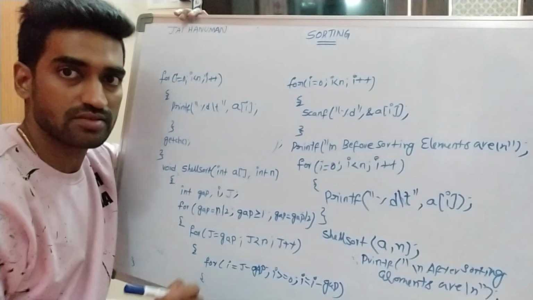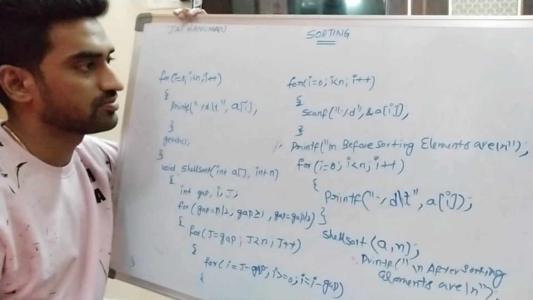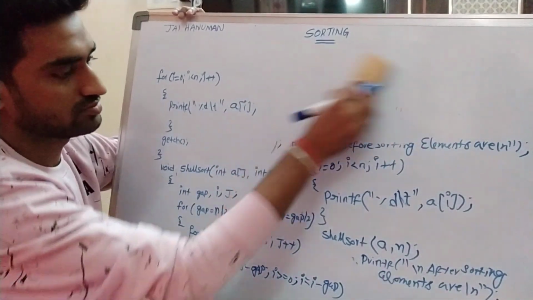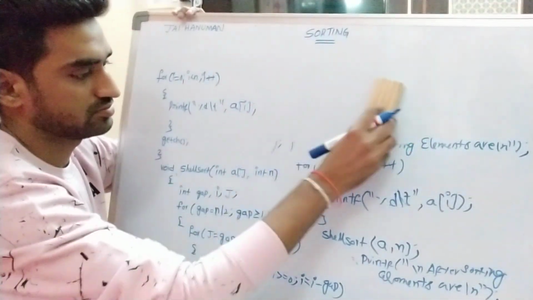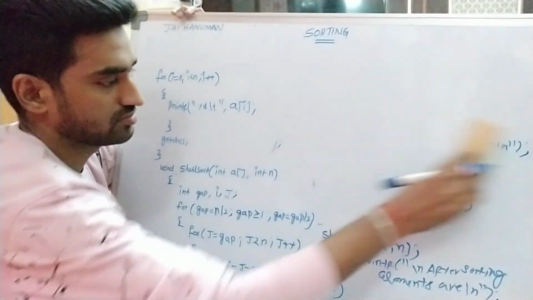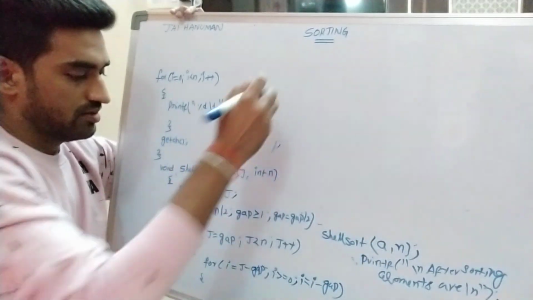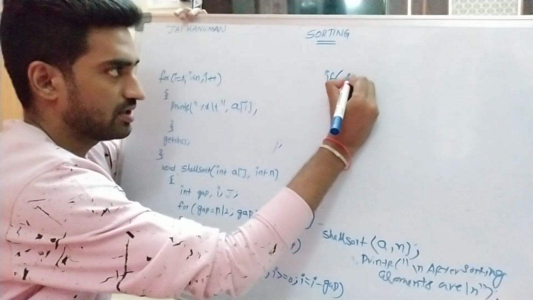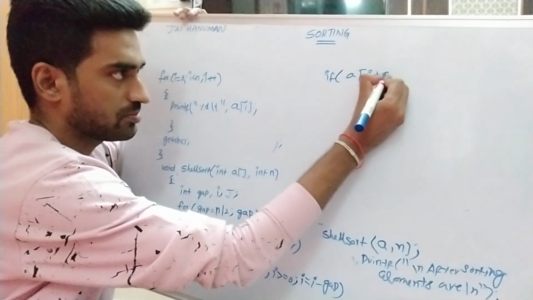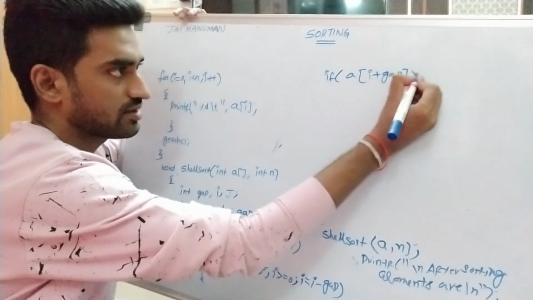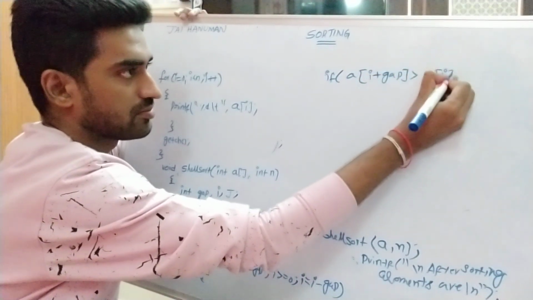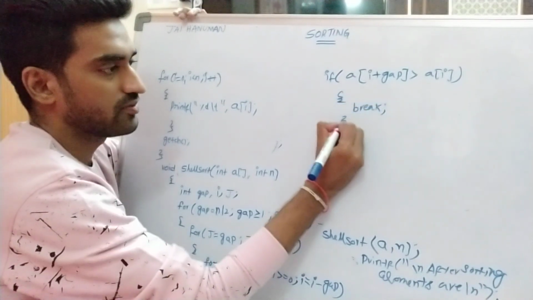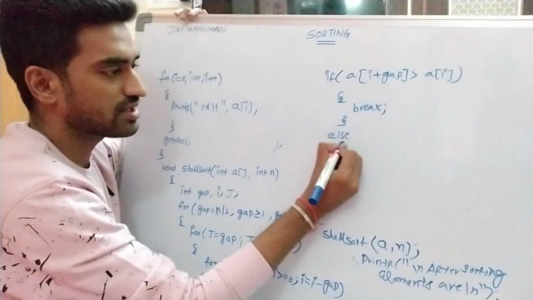Once this condition becomes true, we check one more condition: if a of i plus gap greater than a of i, once this condition becomes true we perform the break operation. Once this condition fails, we execute the else part.